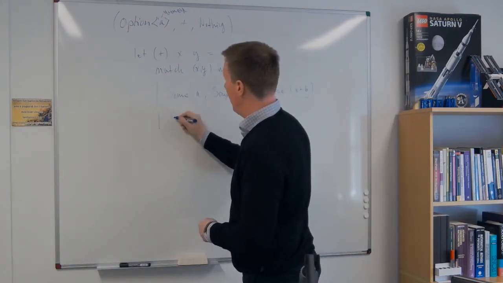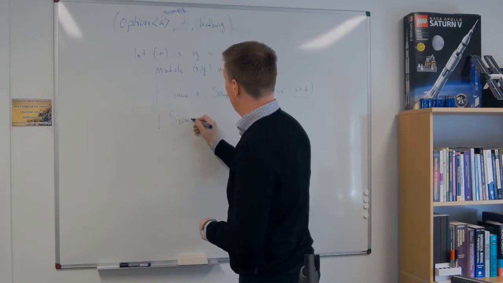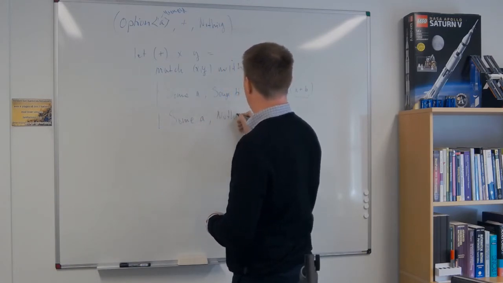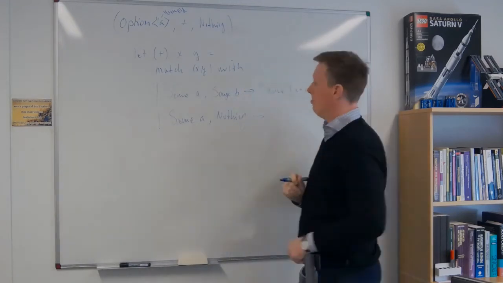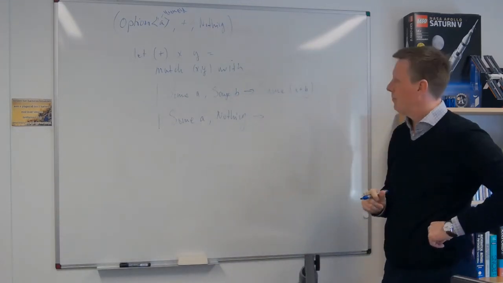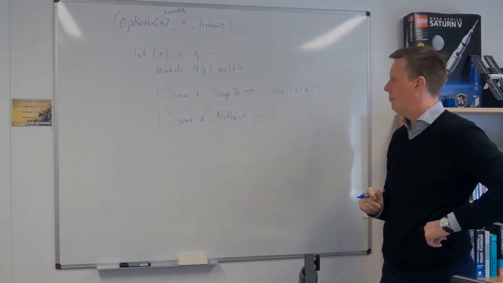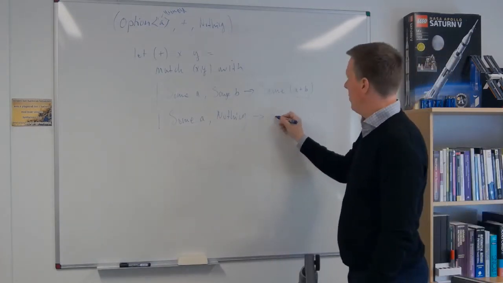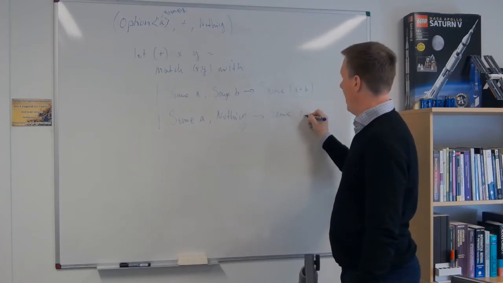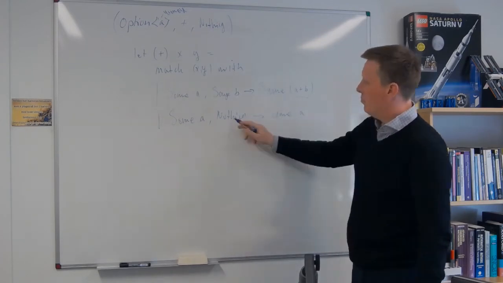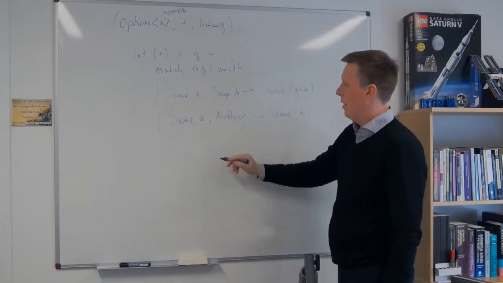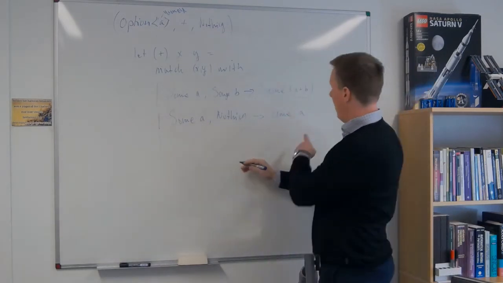Then we have Some A, Nothing. What should that be? Well, there's not much to add here, so we just return Some A. And there you see how Nothing suddenly is working like this neutral element, because if I add that to this, nothing happens.